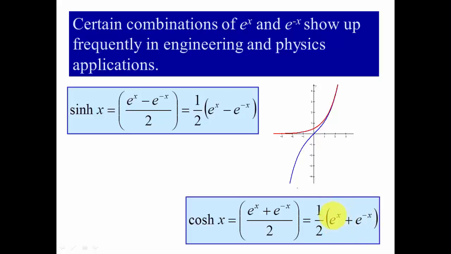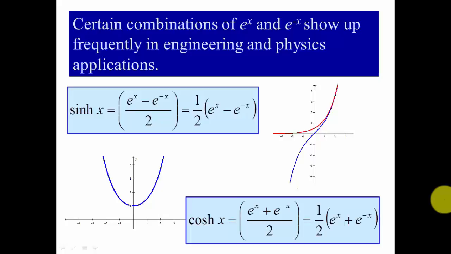And so we see that if x was becoming larger and larger positively, this would dominate and this would go to 0, and we would approach 1/2 e to the x. If we were becoming larger and larger in the negative direction, this would become basically an e to the negative x, and this would go to 0, and it would also approach a 1/2 e to the negative x, but over for negative values. So this is what the graph looks like.